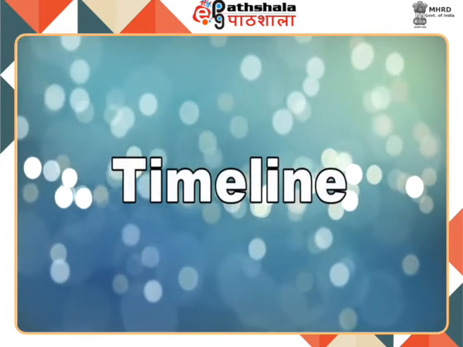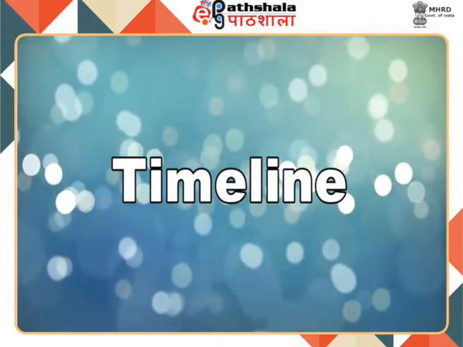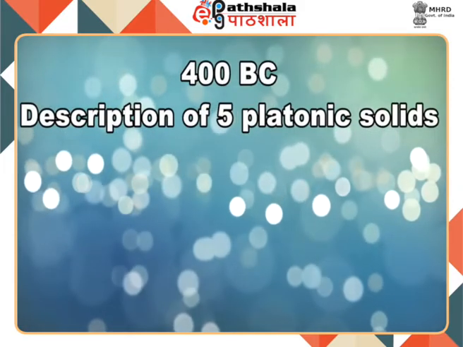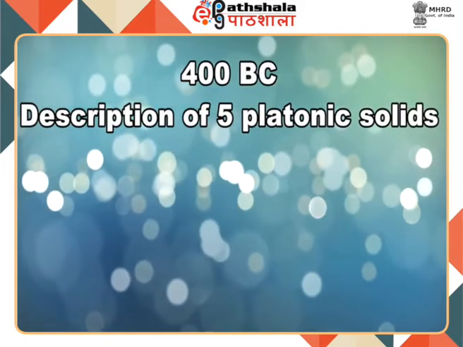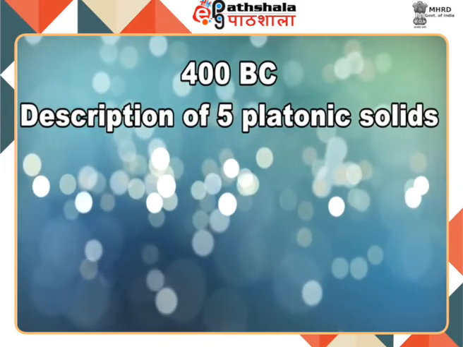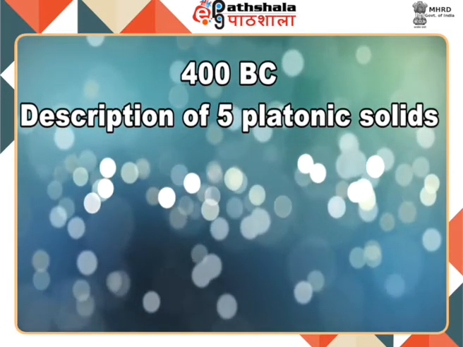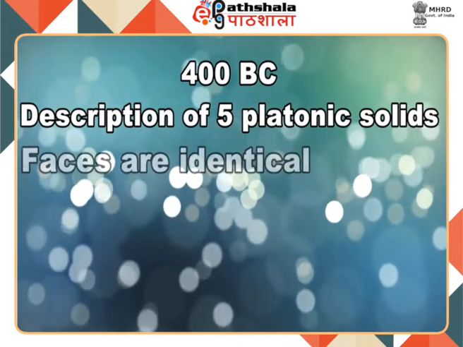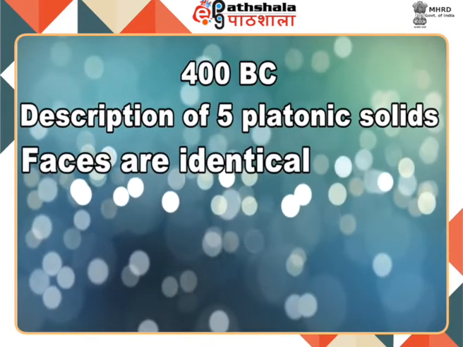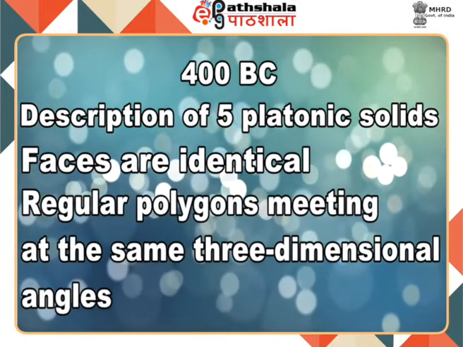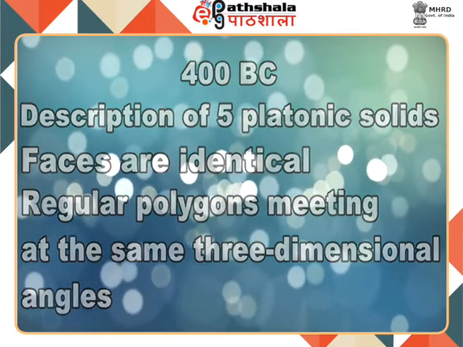Now we will see the developments in symmetry in chronological order. In around 400 BC, Plato classified the 5 Platonic solids. Platonic solids are any of the 5 geometric solids whose faces are all identical, regular polygons meeting at the same 3-dimensional angles.